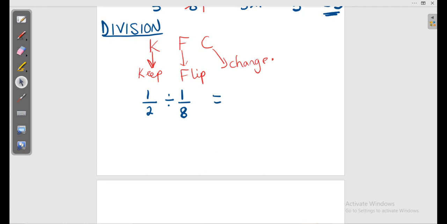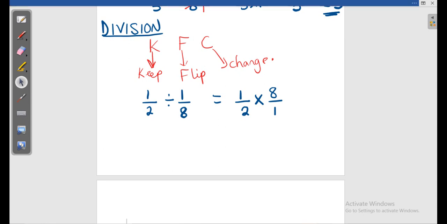If I want to simplify this, the first fraction is 1 over 2. I will keep it. The second fraction is 1 over 8. I will flip it. And if you flip 1 over 8, you get what? 8 over 1. The sign is division. You change it to multiplication. That's the idea behind the keep, flip, change. You keep the first fraction, you flip the second fraction, and you change the division sign to multiplication.